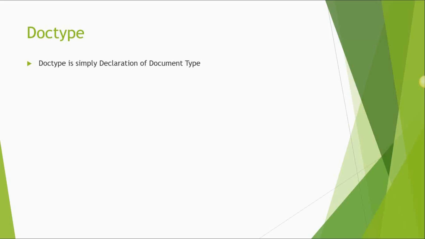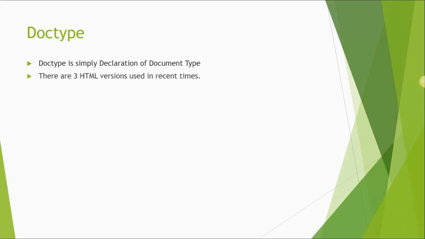Then why do we need a Doctype? Basically, HTML has been evolving for many years, and other than adding new tags to HTML, there are a set of rules or instructions which were defined by W3C, the World Wide Web Consortium.